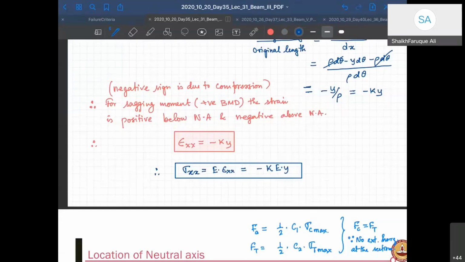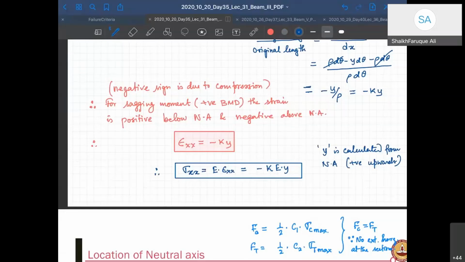Now to calculate y, we need to know the neutral axis. Y is calculated from the neutral axis, positive upward. So my first question that we need to answer is: how do we calculate the neutral axis?